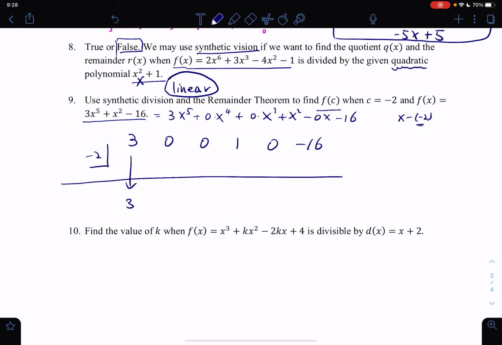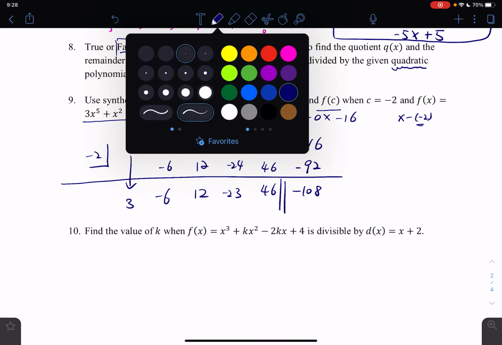So you end up with 3, you have negative 6, which is negative 6, which is 12, add up together, you end up with this, and it's 46, you have negative 92, hence negative 108, which, again, last term is a remainder.